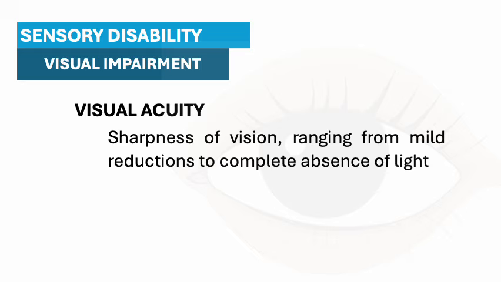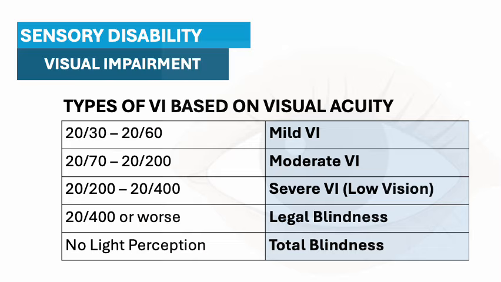It's usually shown as a fraction like 20/20 or 20/200, which tells us the distance at which a person can see what someone with normal vision can see at 20 feet. The lower the clarity, the more it can affect a student's learning and daily activities.